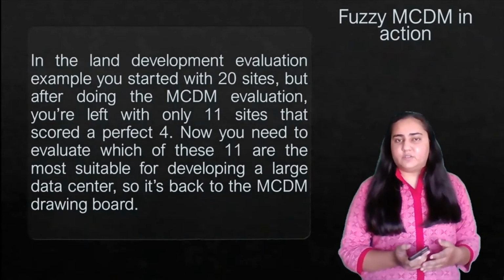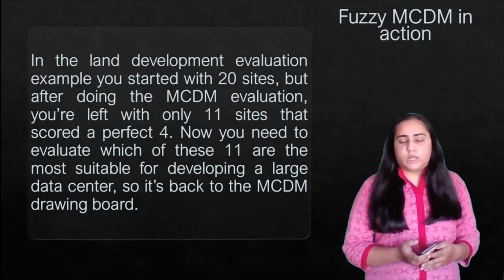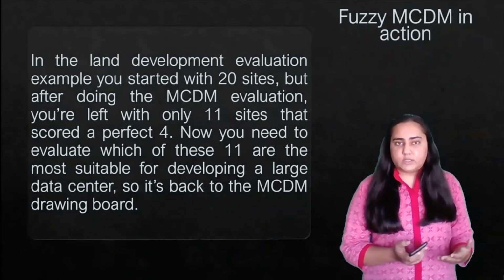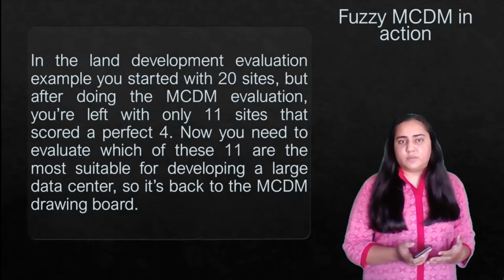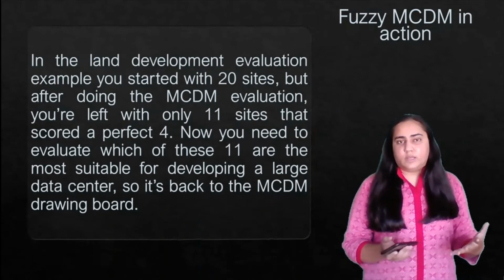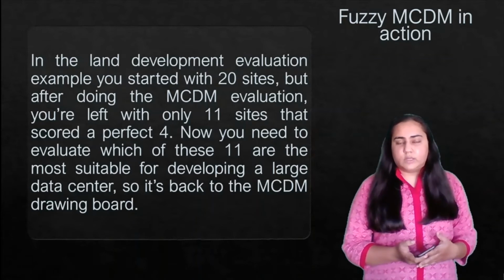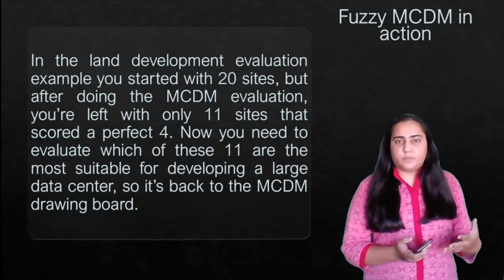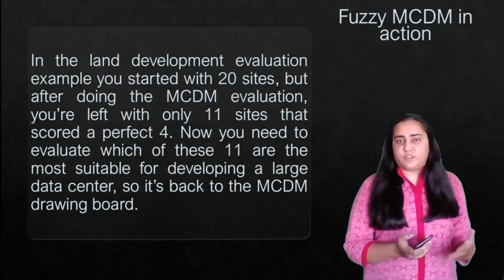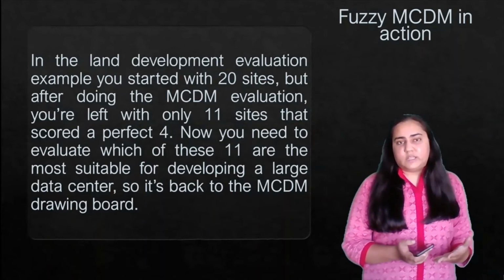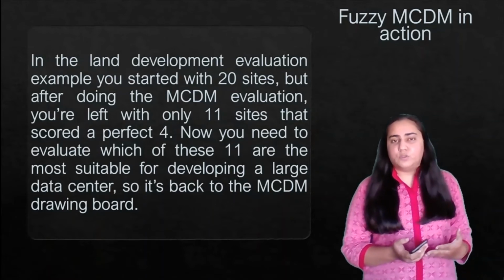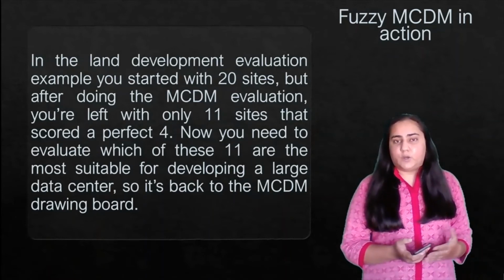So in the land development evaluation, we started with 20 sites. And after doing the MCDM evaluation, we were left with, let's say, for example, 11 sites, which means those 11 scored a perfect 4. But now after these 11, you need to decide which is the most suitable for developing a large data center.